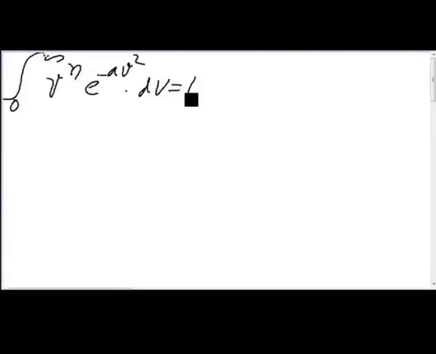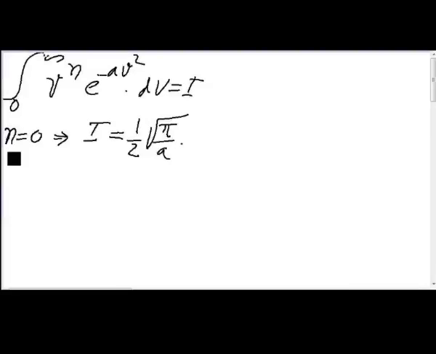Okay. So how do we count this? This depends on the value of n. For example, this is I, not 1. If n is equal to 0, then I will be equal to half of the square root of pi over a.